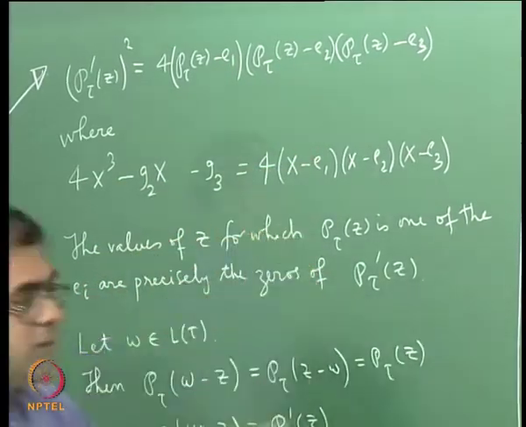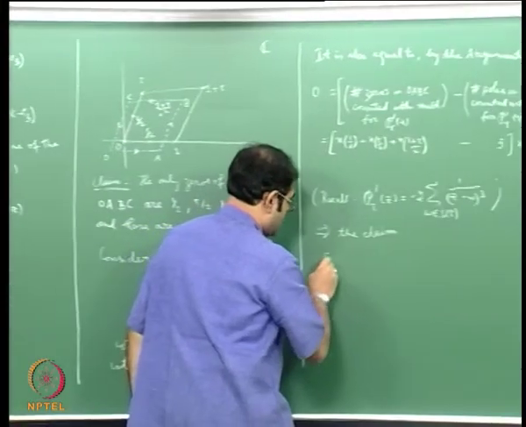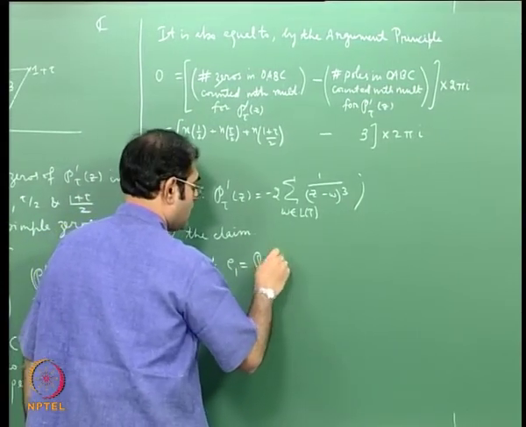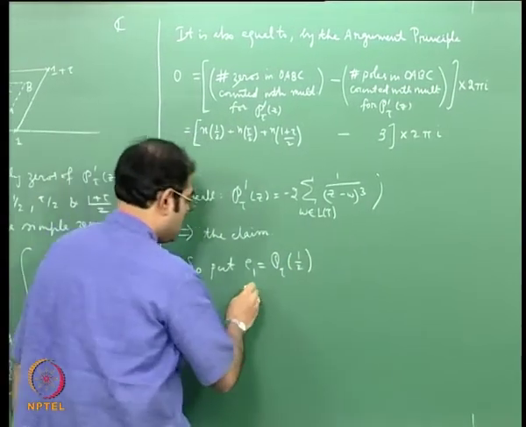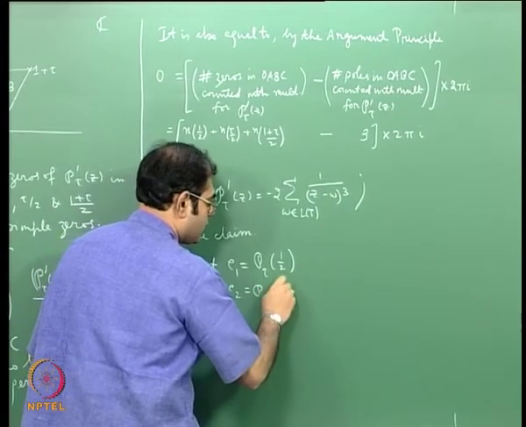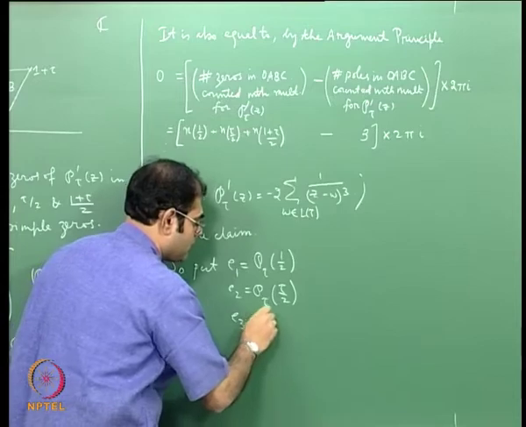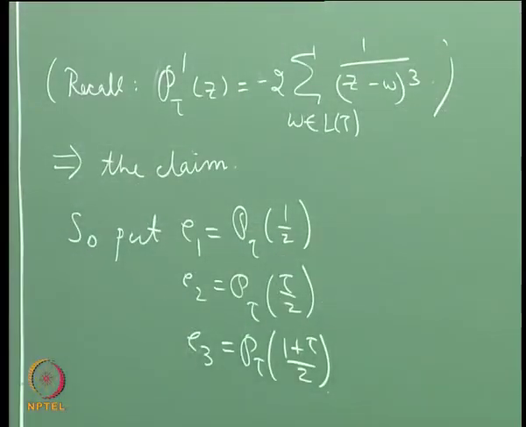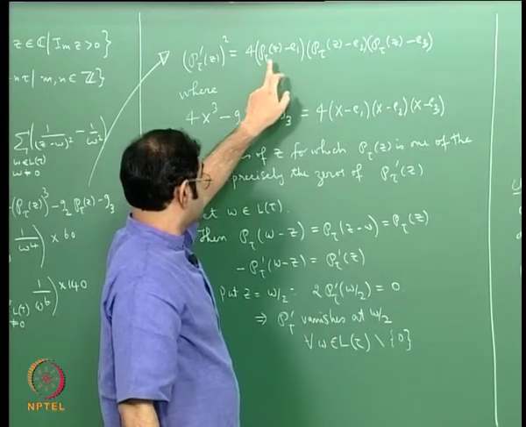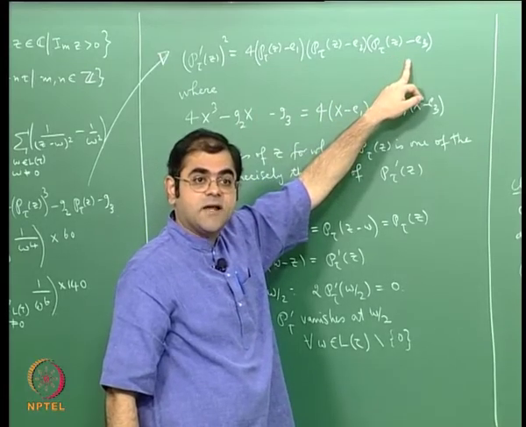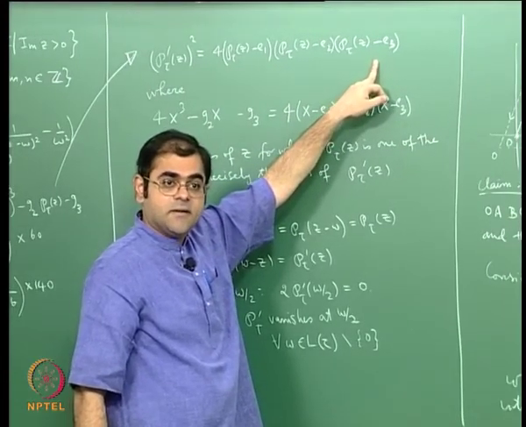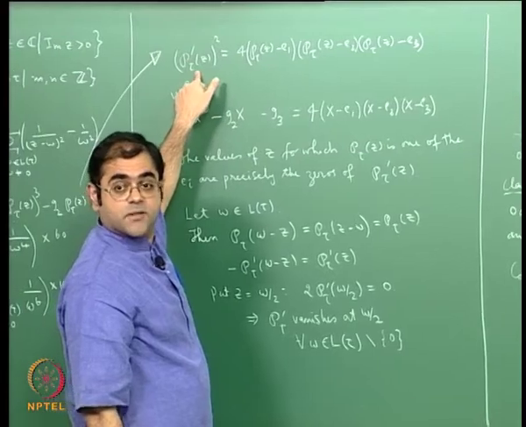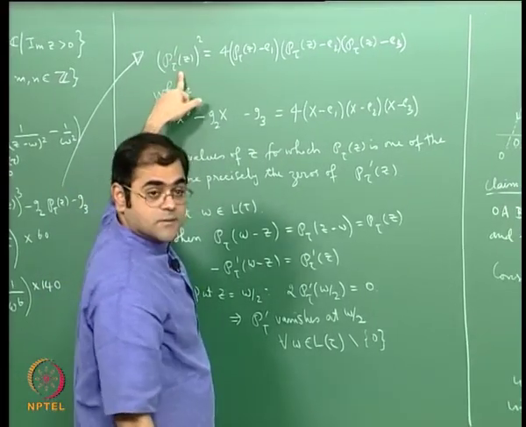So we can put E1 to be p tau of half, E2 to be p tau of tau by 2 and E3 to be p sub tau of 1 plus tau by 2, because E1, E2, E3 are precisely the values that p tau has to take in order for the right side to be 0, and that means these have to be zeros of p tau prime, okay.